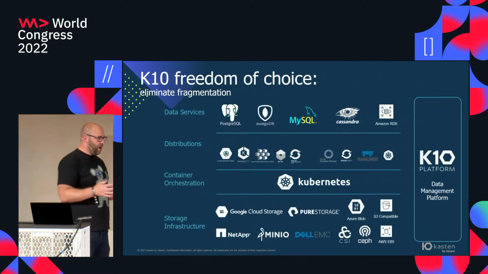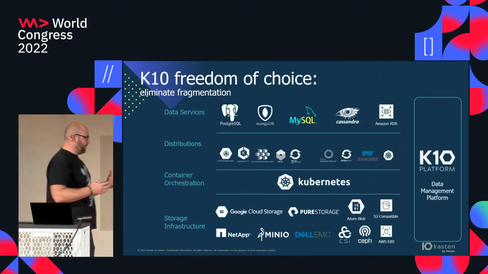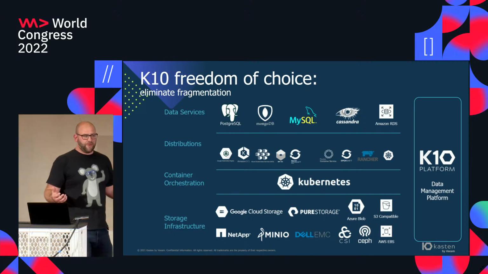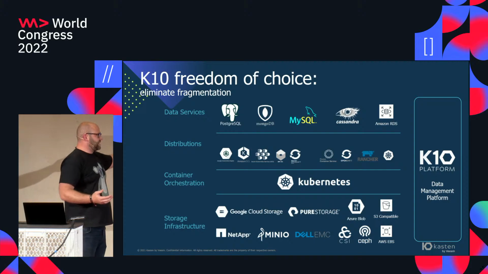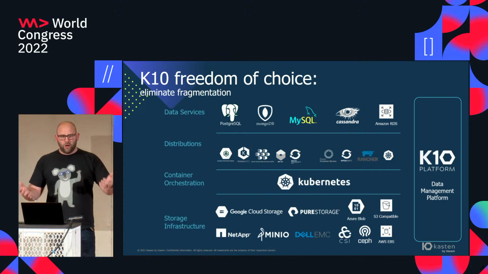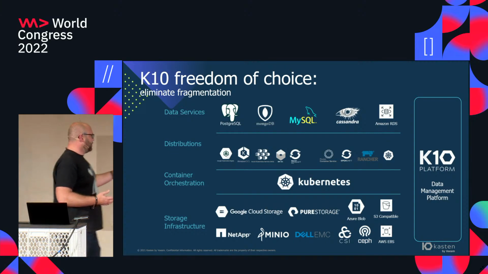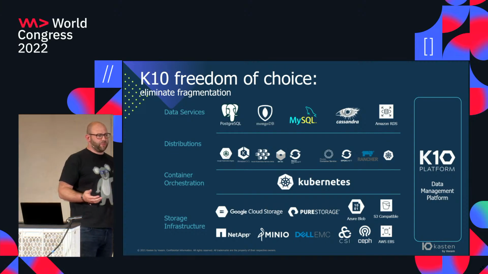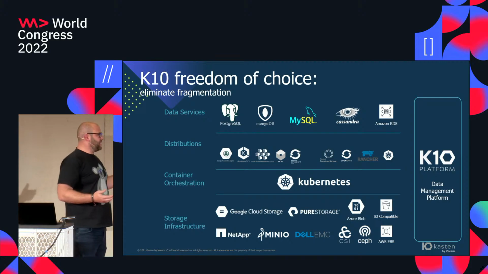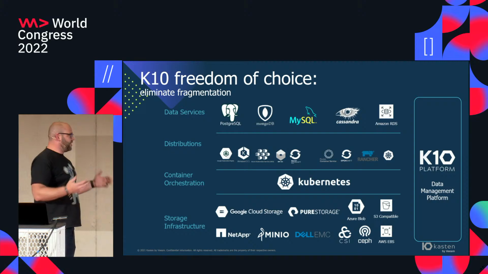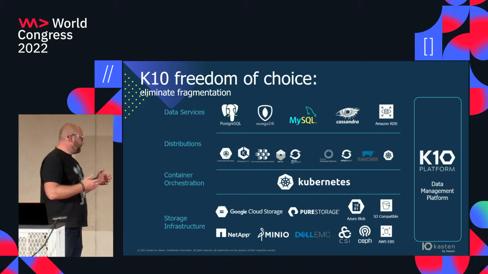Another key part of Kubernetes is the freedom of choice. From a distribution point of view, we can pretty much run Kubernetes anywhere. But also from a data services point of view, no one should be locked in to using a particular data service, whatever the reason may be. Regardless of what that data service is, we have to consider how we protect it. So that's the freedom of choice there, and then the storage.